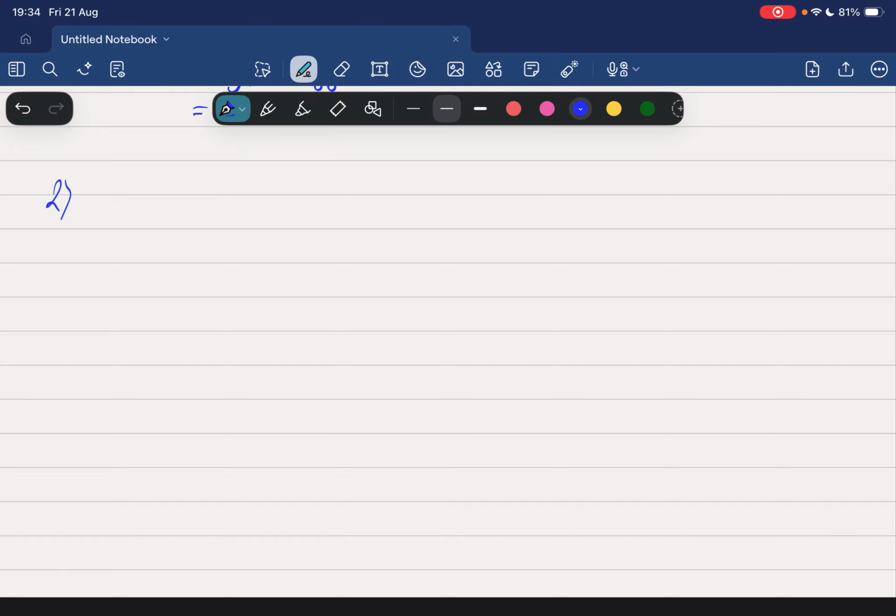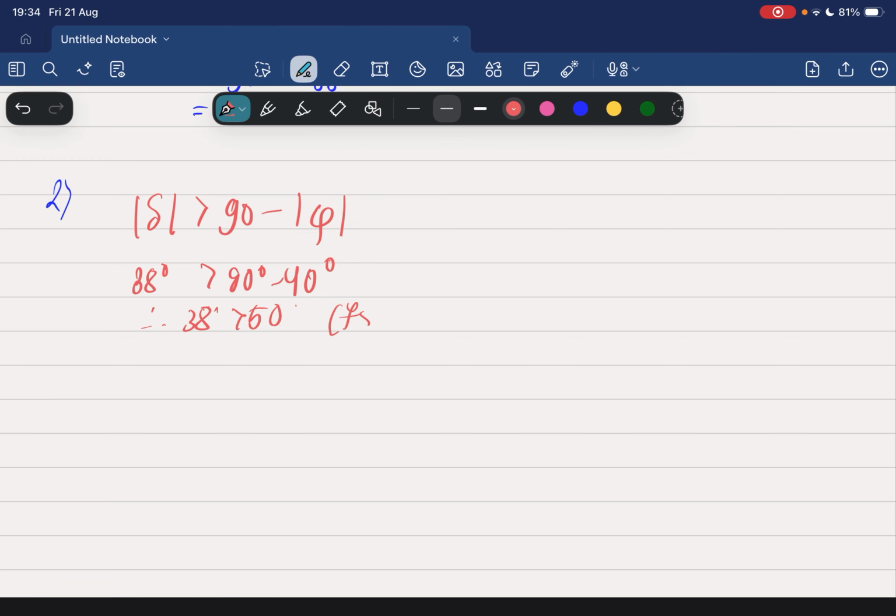So for an observer at 40 degrees south, the circumpolarity test for the southern hemisphere is this. Just put on the modulus sign. So let's put 38 degrees right here, 90 degrees minus 40 degrees. Therefore 38 degrees is greater than 50 degrees, which is again false. Therefore it is not circumpolar.